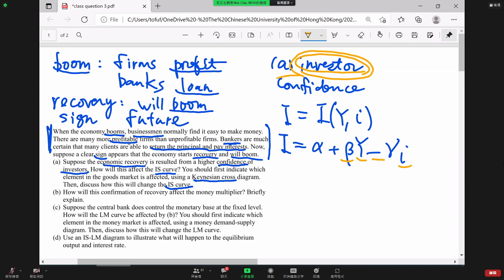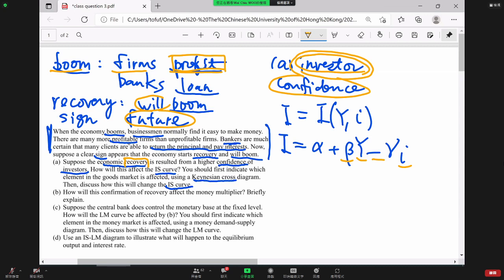Investors have more confidence in the economy because there is a sign of an economic recovery. In other words, everything is supposed to happen in the future. In the future, you will have booms, so firms may be able to make more profits. If you already have booms, firms can make profit.